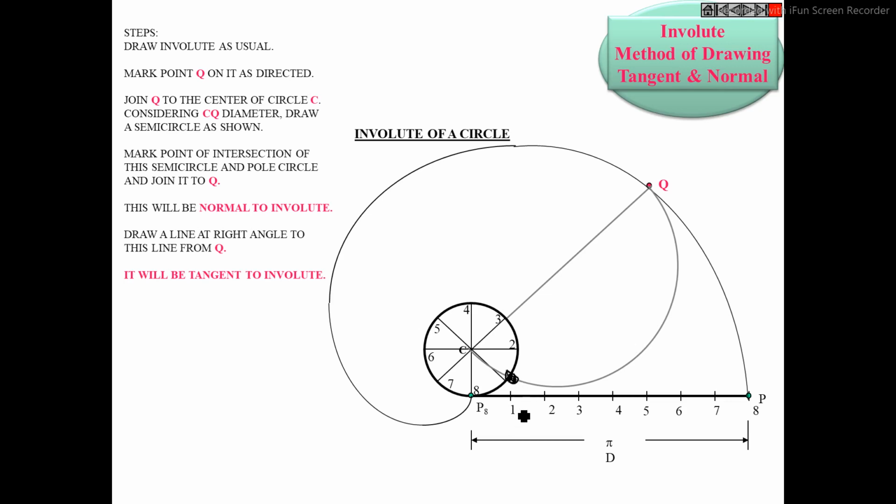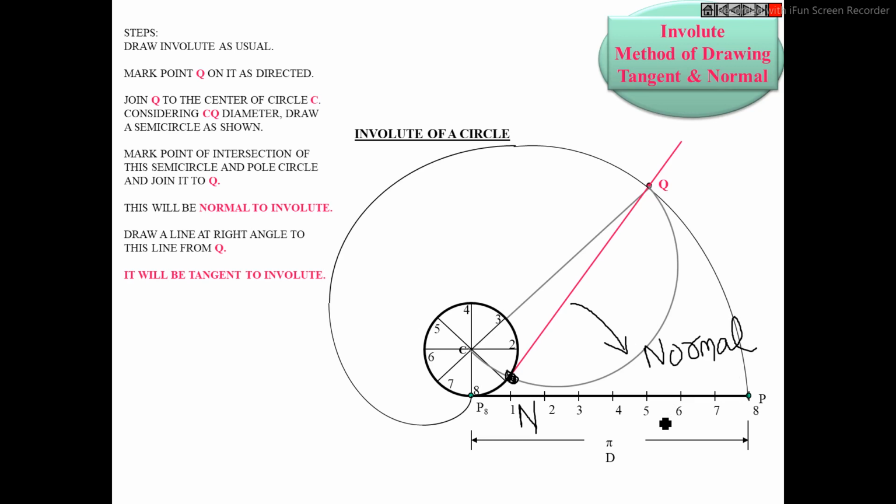This point is the intersection point of circle and semicircle. Correct? Name this point, say this point is point N. Then join NQ with the help of scale. This NQ is known as the normal to the given involute curve through point Q.